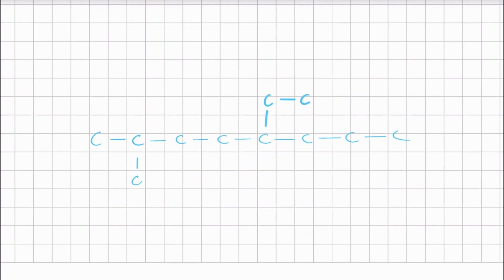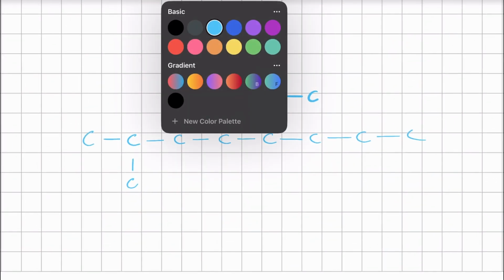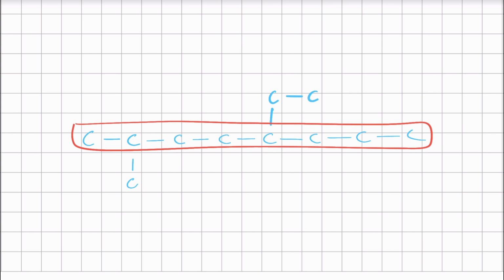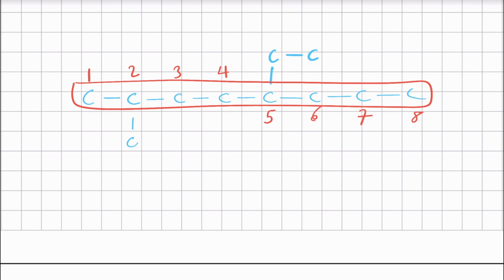Now, let's look at this one. Again, as the first step, we find the longest chain possible, which is going to be this one. Now, we want to number the carbons in the correct direction, so be careful. We do it in the direction in which we reach the first substituent sooner. So it would be like this: 1, 2, 3, 4, 5, 6, 7, 8. Because we have 8 carbons in our main chain, we add octane at the end of the name.